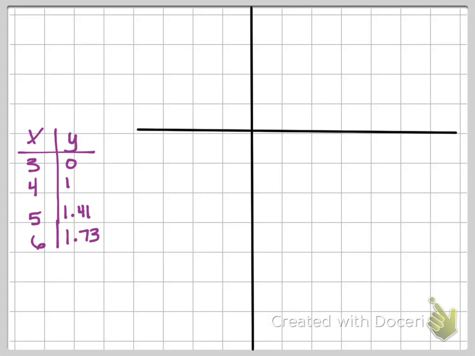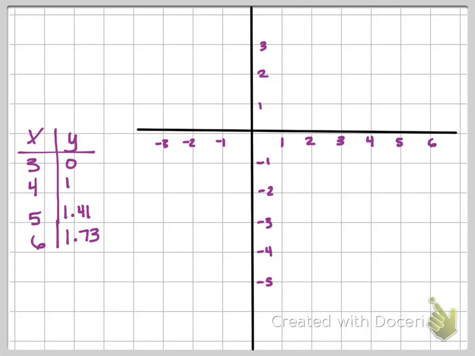Alright, so our first point is 3, 0. Well, let me label my graph first. Alright, so my first point is 3, 0. So I go over to 3.